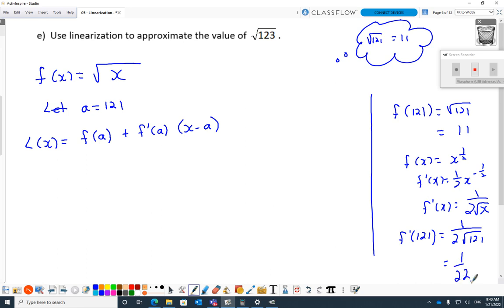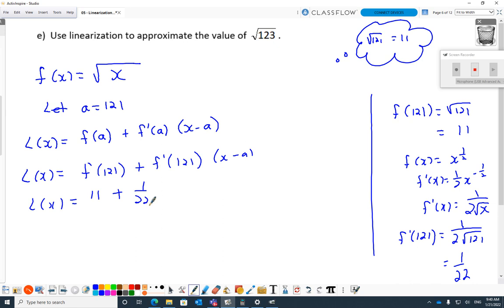And so my linearization is, if you want to find the square root of 123, start off with the square root of 121, which is 11, plus 1 over 22 times x minus 121.